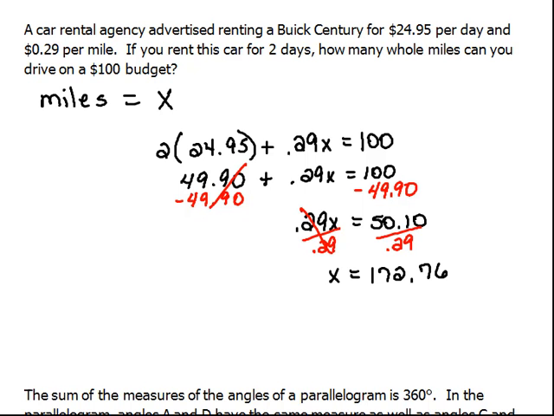This says how many whole miles can you drive on a $100 budget? Well, if you look at whole miles, if you were to round this up to 173, now you've gone over budget by just a little bit. So actually our whole miles that we can drive is only 172. You have to think about these whenever you're answering application problems.